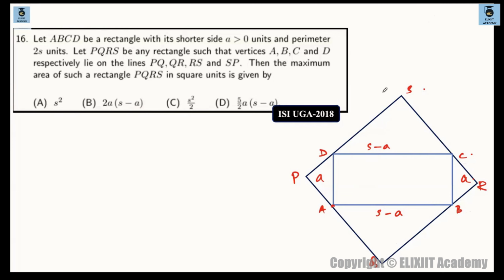So we have to find the maximum area of such rectangle PQRS. What we have to do is we have to maximize PQRS. To maximize PQRS, we need to find the length of the sides of PQRS.